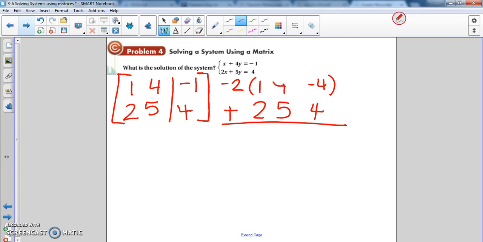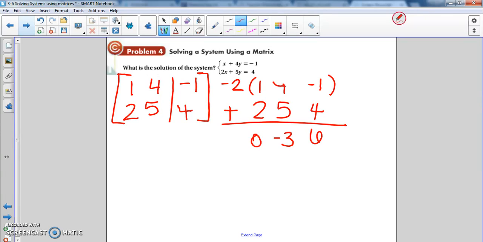So now I have -2 times 1 plus 2 is 0. -2 times 4 is -8, plus 5 is -3. Then I'm going to have 2 plus 4, which is 6. Sorry, that's supposed to be a -1. Now this is going to replace that second row.